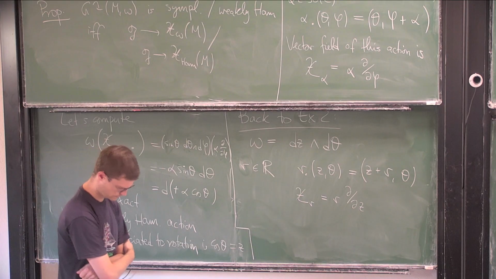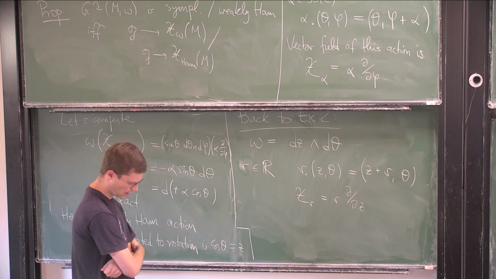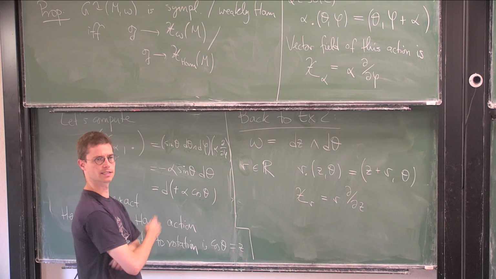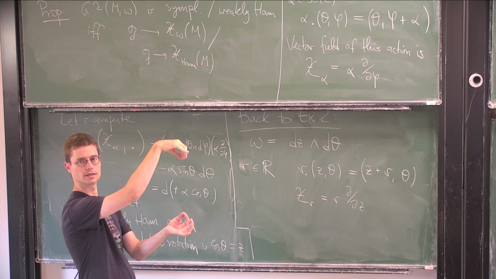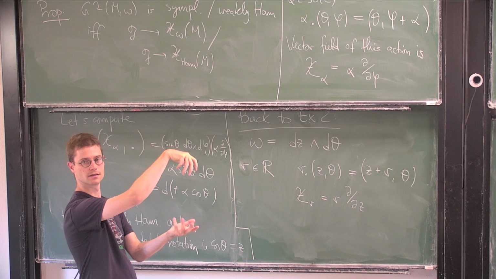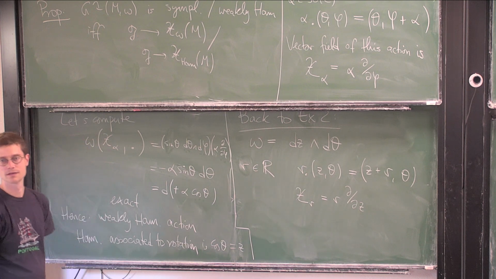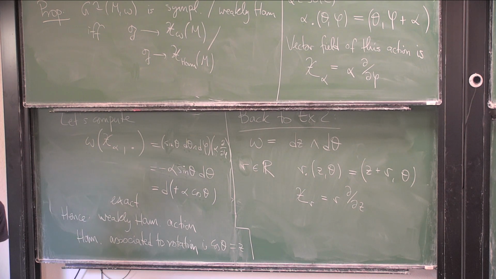Phi generates an action which has 2 fixed points at the poles, so it generates a circle that shrinks at the poles, and so for the differential form to be defined there, the contraction with the generator must vanish at the poles, and in that case it doesn't.